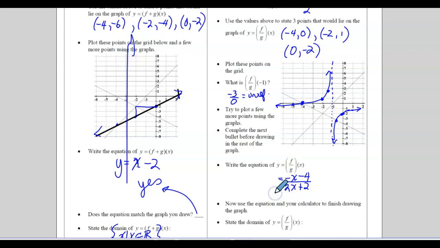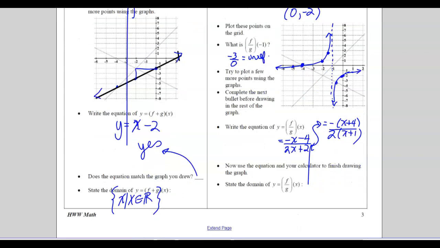So you can show this as -(x + 4) over 2 times (x + 1). And so you can see that x cannot be equal to -1, and that's what we got. So domain will be x not equal to -1.